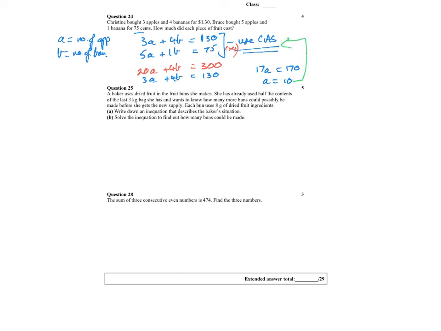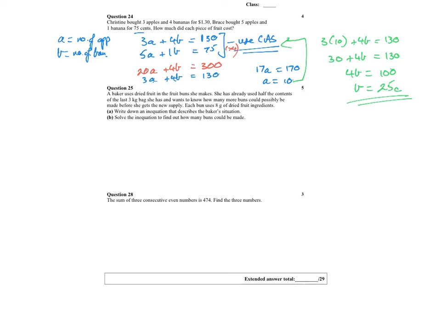So my apples are 10 cents. So 3 times 10 cents plus 4 times B has to equal $1.30. 30 plus 4B is equal to 130, or 4B is equal to 100. So B is equal to 25 cents. Okay, so don't forget we could easily use our calculator there.